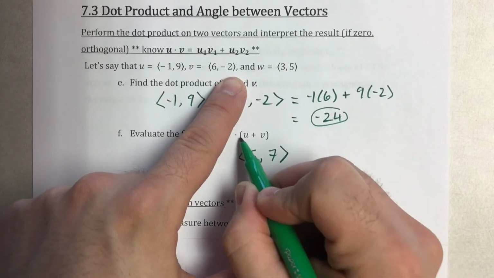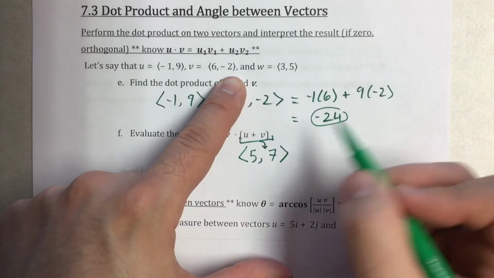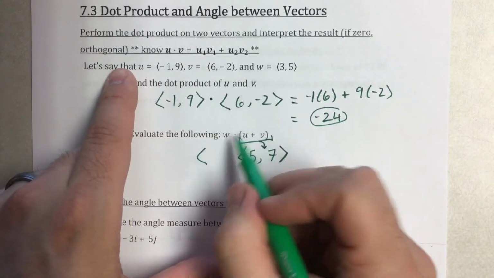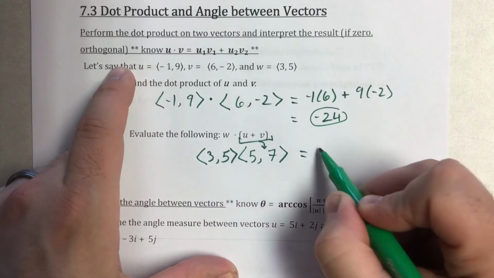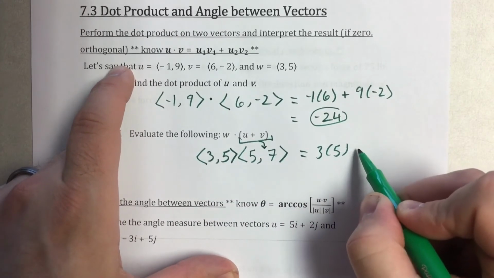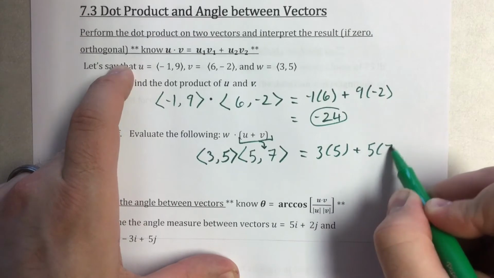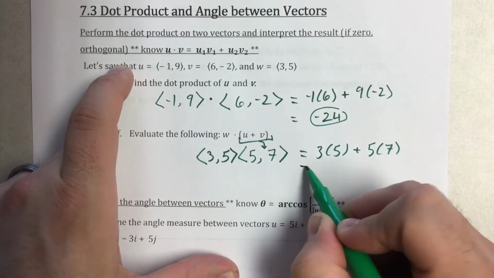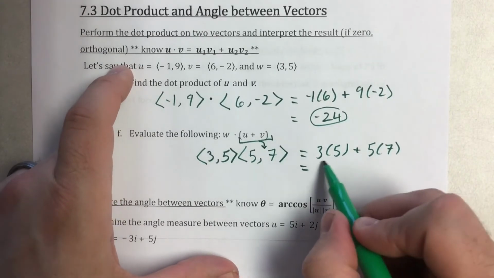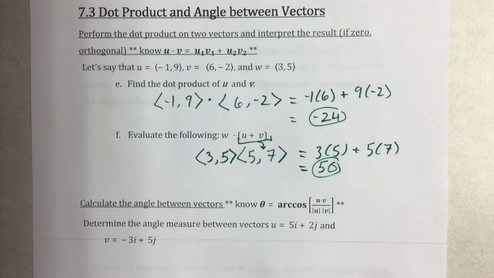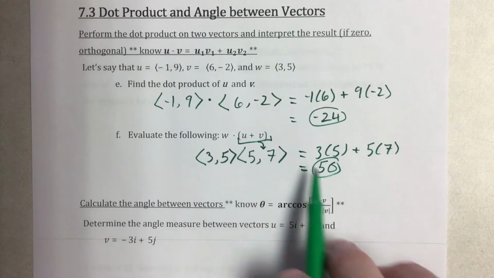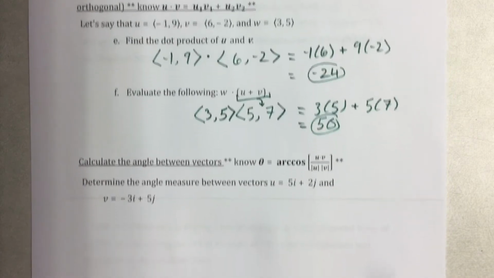That is this sum. Now we're going to perform the dot product with w, which is 3, 5. So that is 3 times 5 plus 5 times 7. That's 15 and 35, that's a dot product of 50. There you go. So there are multiple approaches to that, but they all come down to 50.